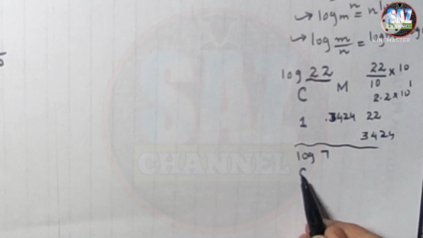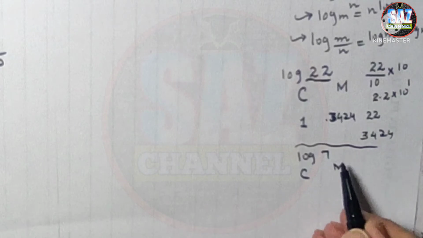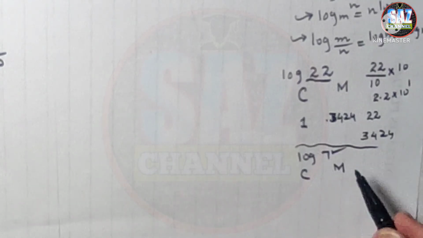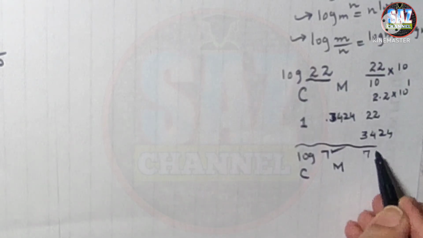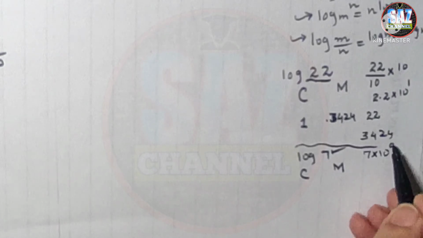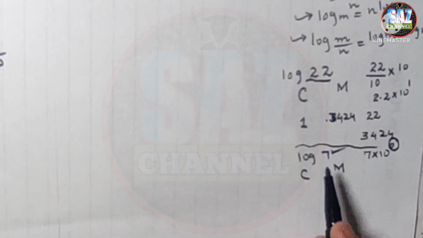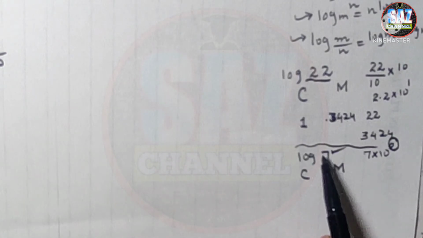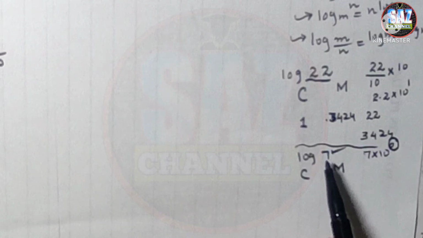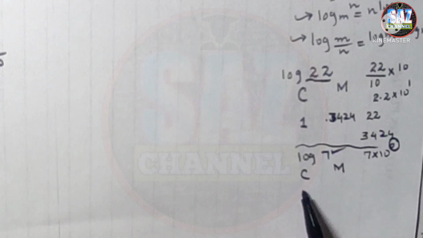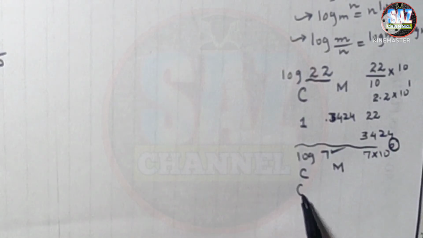And now the second number for which we have to locate the log is 7, log of 7. Again we have to think about characteristic and mantissa, and the scientific notation of this number is 7 multiplied by 10 to the power 0. The power of 10 tells me the characteristic. Otherwise, as this number is a single digit, it has only one digit in the integral part, so we take away 1 from that, and that gives me 0. Characteristic is 0.